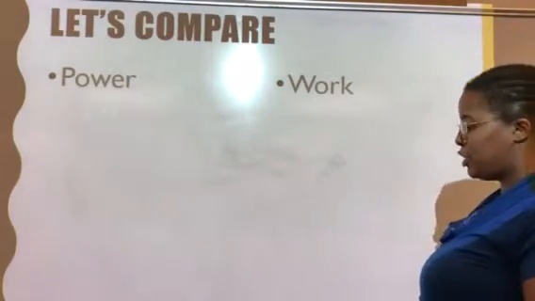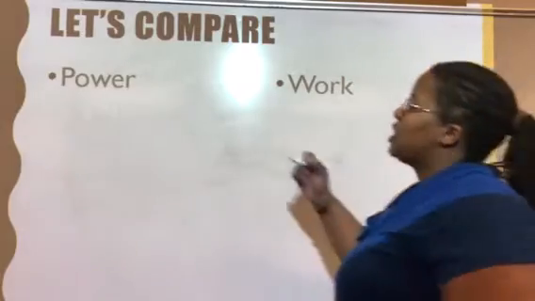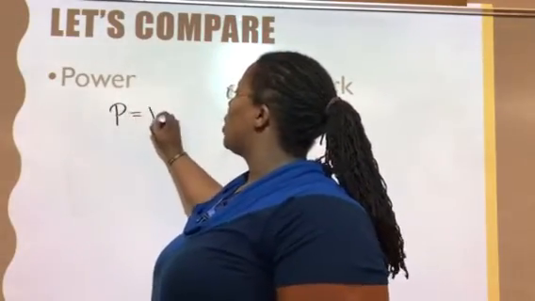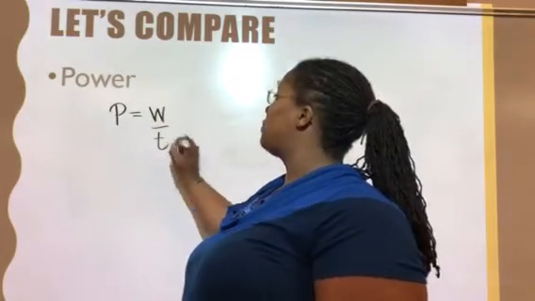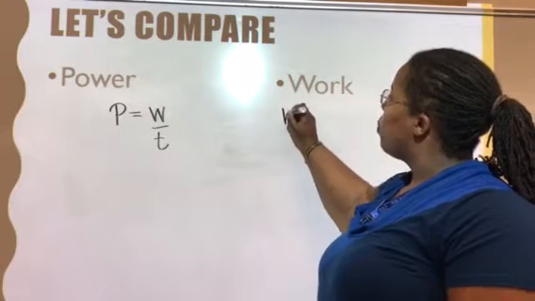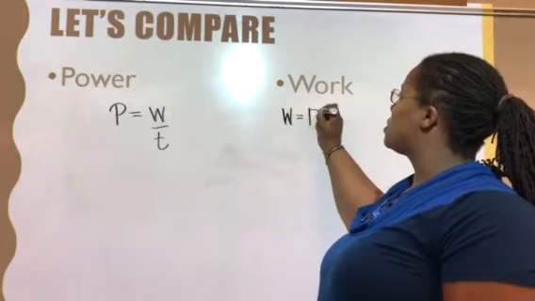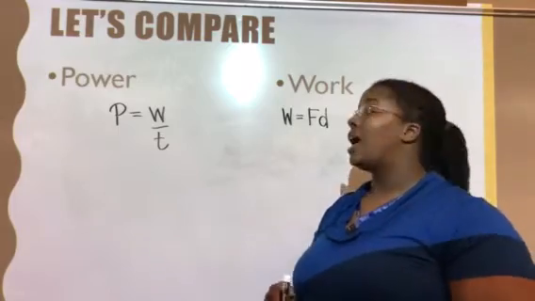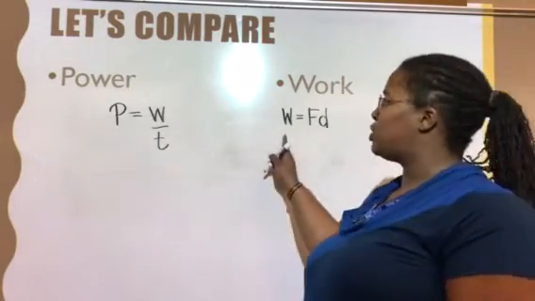Now, we're going to compare these two. We just said that power is equal to work divided by time. You've also learned the equation for work. Work is equal to force times distance. What I want you to put in your mind is, how do we combine these two?